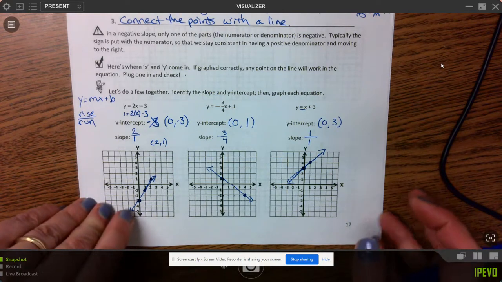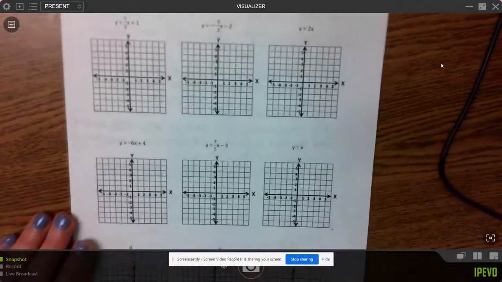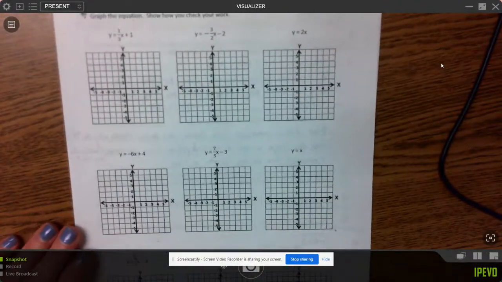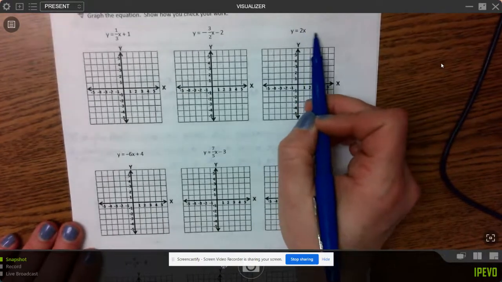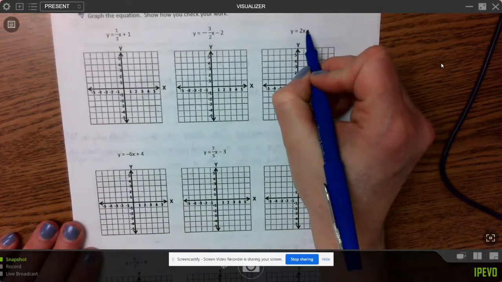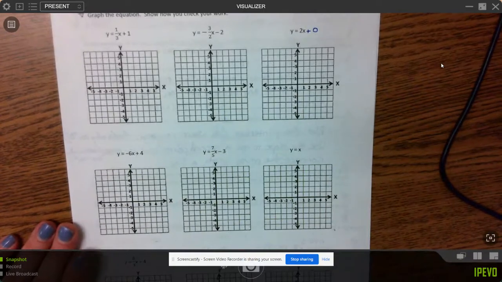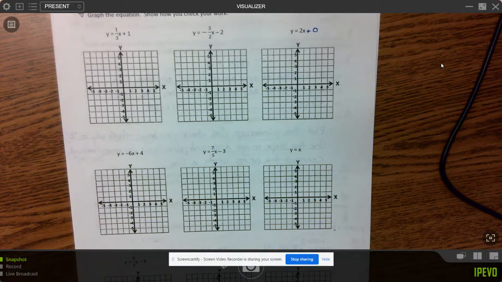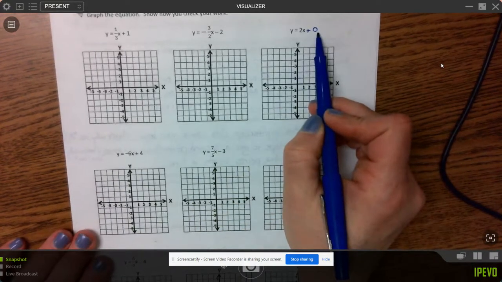So when we look at our work today, we're going to work on this first page. One thing that I want us to pay attention to is that if there is no b listed, we know that our b is actually a 0, because adding 0 doesn't change it at all, so we don't actually write plus 0, but we know it means plus 0.